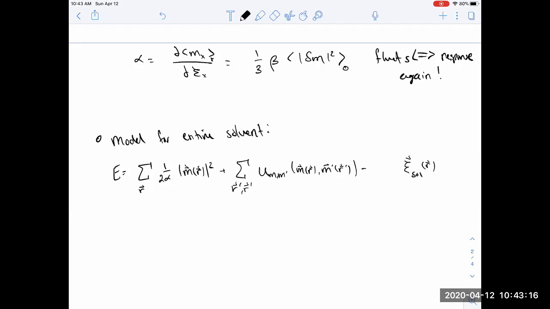The field-dipole interaction is the dot product, which we just reminded ourselves of. And so in the presence of a solute, the additional component to the energy would be the sum over those field-dipole interactions.